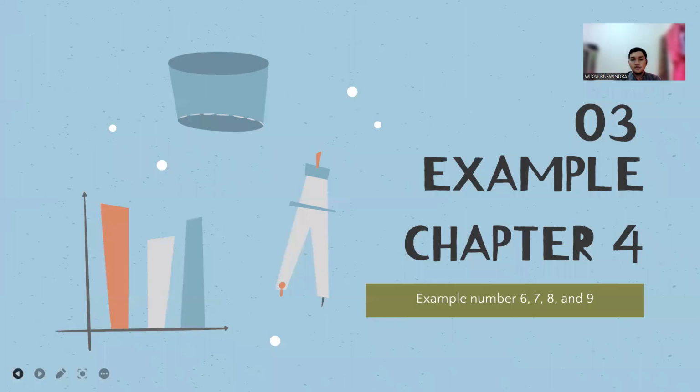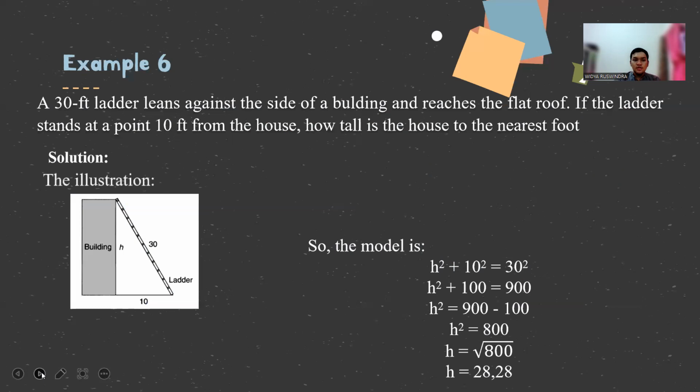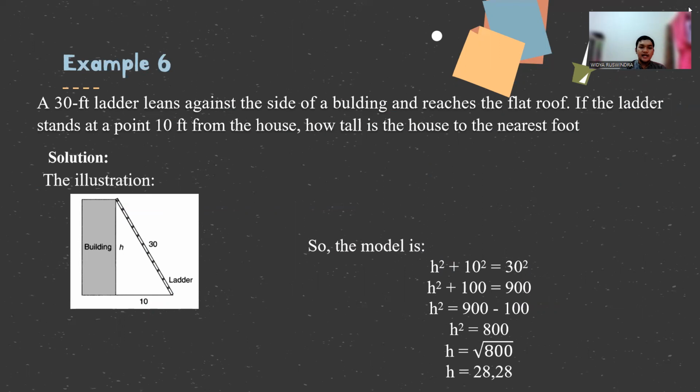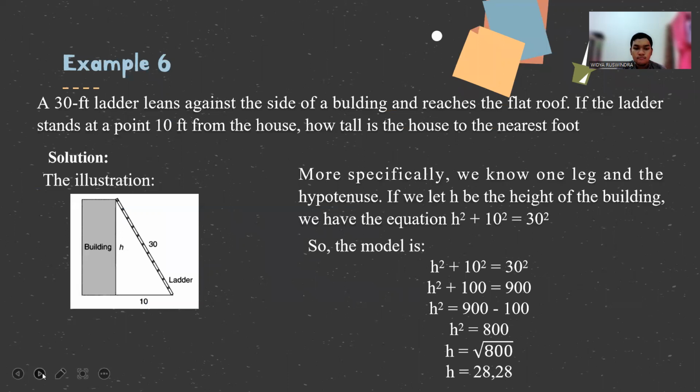Next, I will explain the examples from chapter 4, numbers 6, 7, 8, and 9. Example 6: a 30 feet ladder leans against the side of a building and reaches the flat roof. If the ladder stands at a point 10 feet from the house, how tall is the house to the nearest foot? This is the illustration.